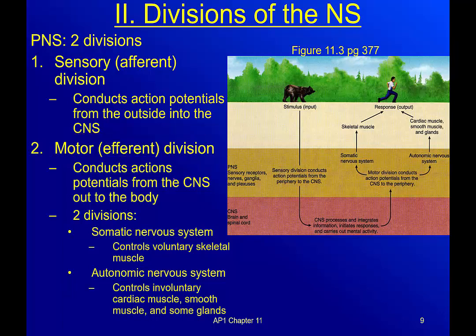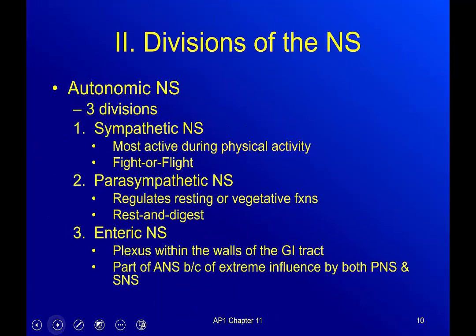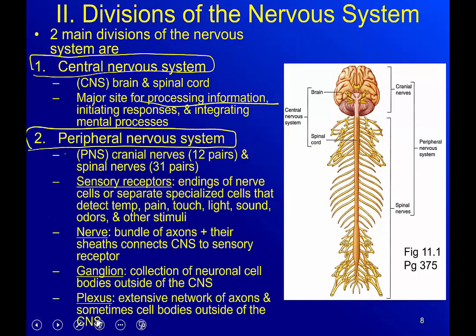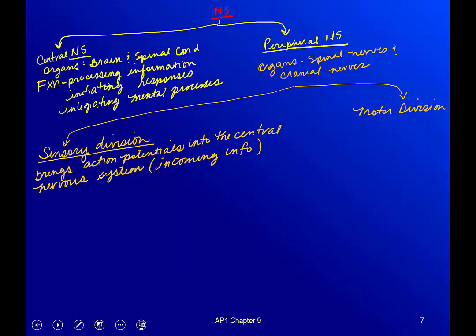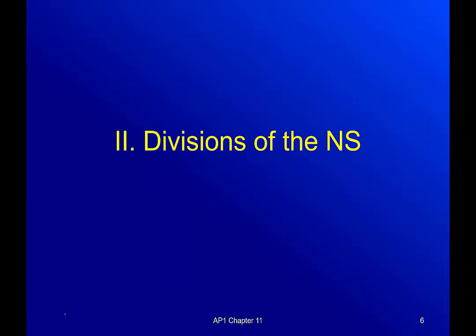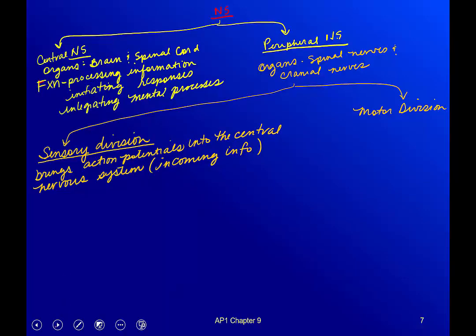So the motor division, remember, sensory division brings action potentials into the central nervous system. This carries action potentials out of the central nervous system.